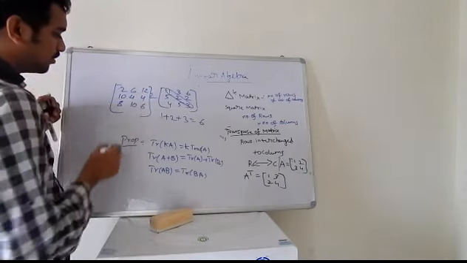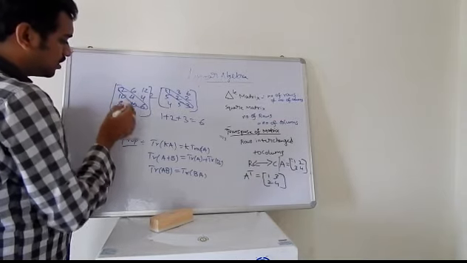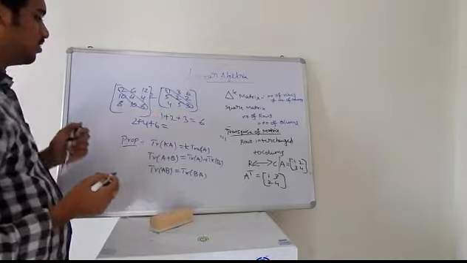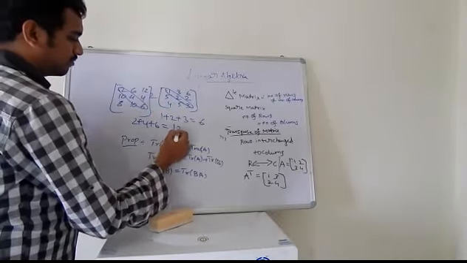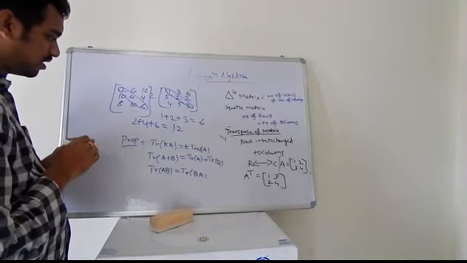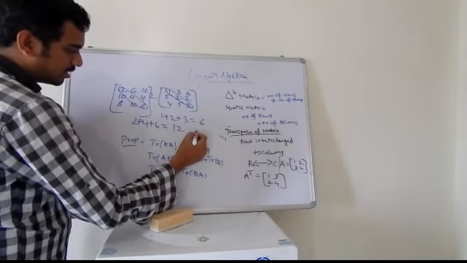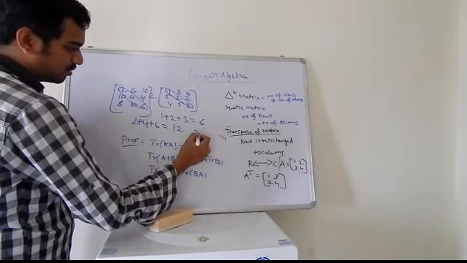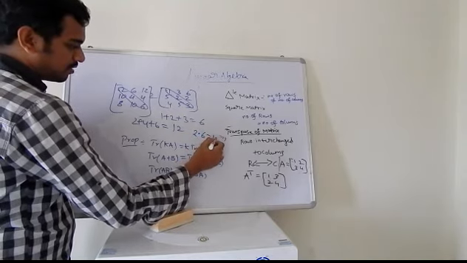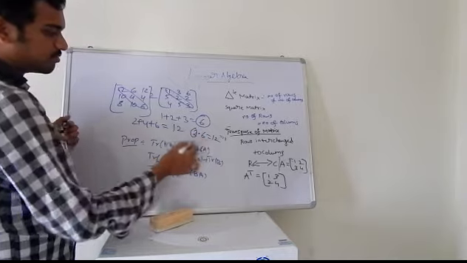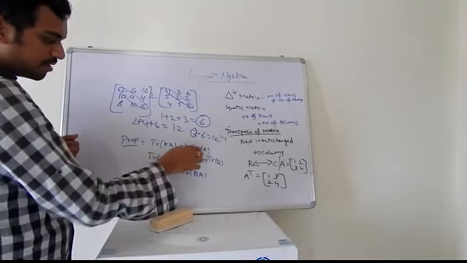Now add the diagonal: 2 plus 4 plus 6 is equal to 12. So the product 2 into 6 is nothing but 12. Previously we got 6, and now multiplying it by 2 gives 12. So the first property is valid.